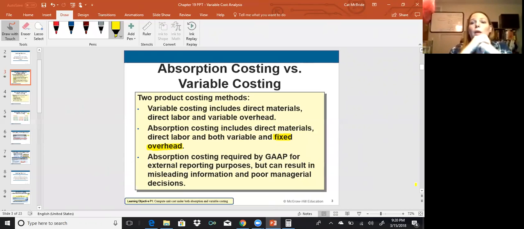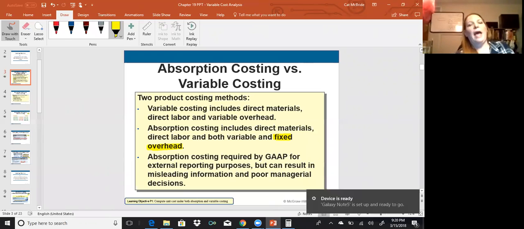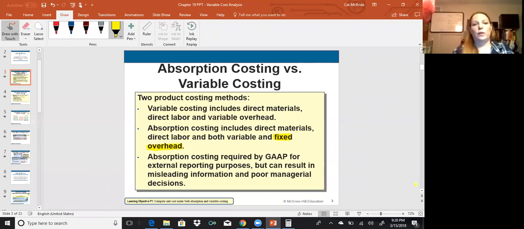No. So if they're not costs that you have any control over, is there a benefit to having them on your report? No. See, that's what we're really looking at. We want to separate as much as possible the costs that management can control from the costs that they can't. So that's one of the reasons that for managerial accounting, we use variable costing, where we take out that fixed overhead because they don't have any control over it. There's nothing they can do about it. So that's the reason.